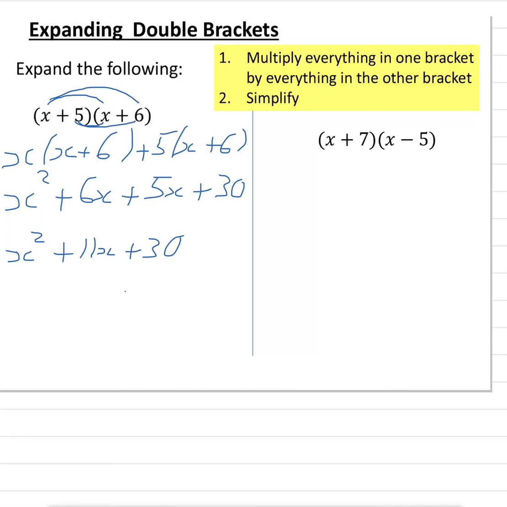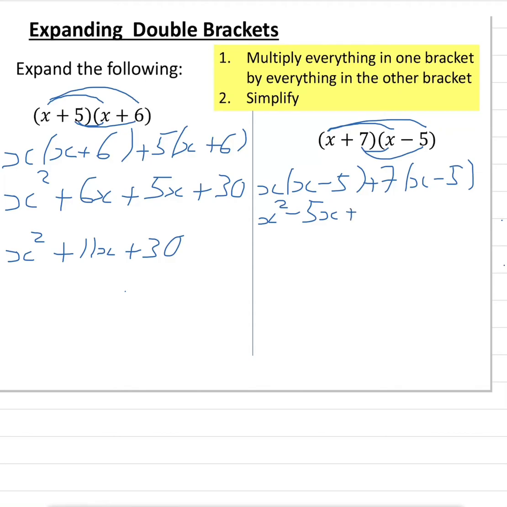Let's do the exact same in the question here on the right. So x by x and then x by minus 5. Then 7 times x and 7 times minus 5. Let's expand our brackets now. So x times x, we have x squared, x times minus 5, minus 5x.